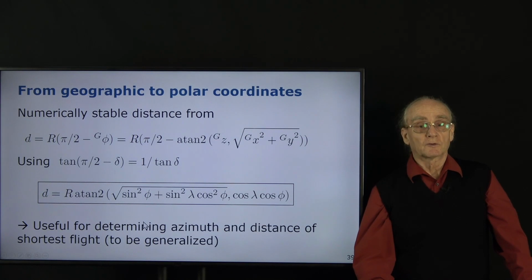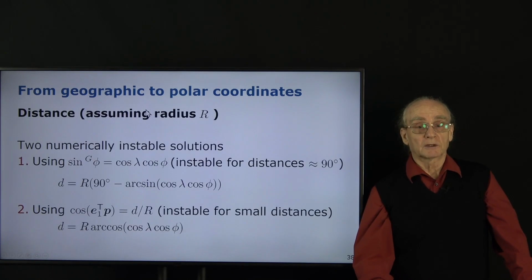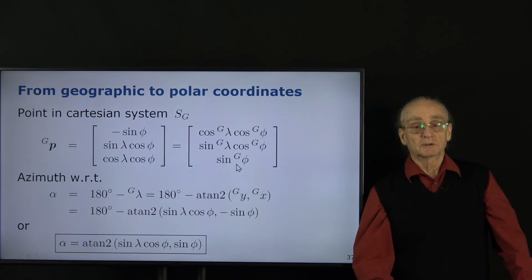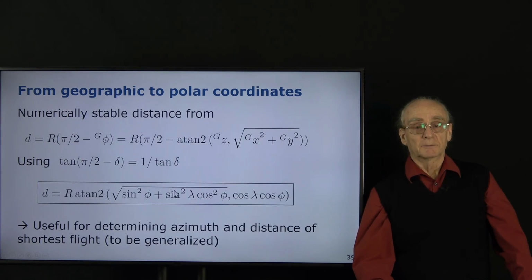And if we do this for the case that we use the sine and the cosine, we have a look at this expression. And again, we want to know the phi from this vector. So we take the first element and take the square root of the sums of the squares of this element. So we have to take this element and the square root of the sum of squares of these two elements, and we arrive at this expression.